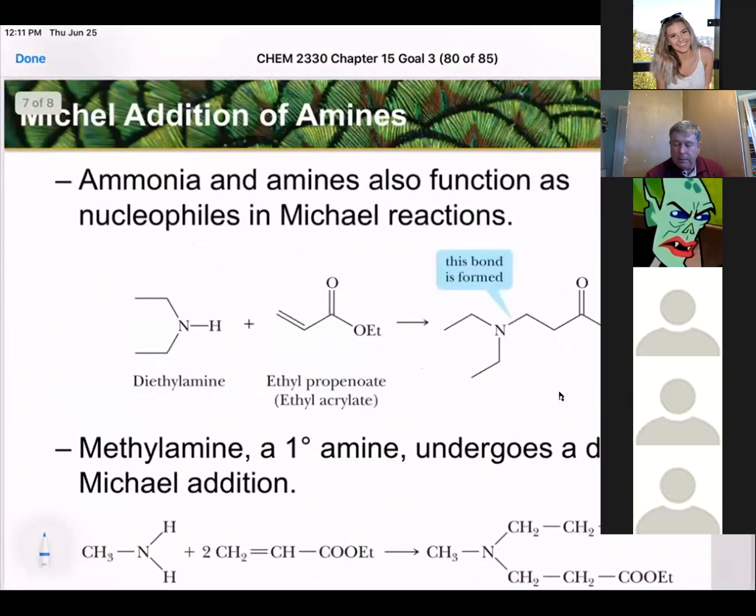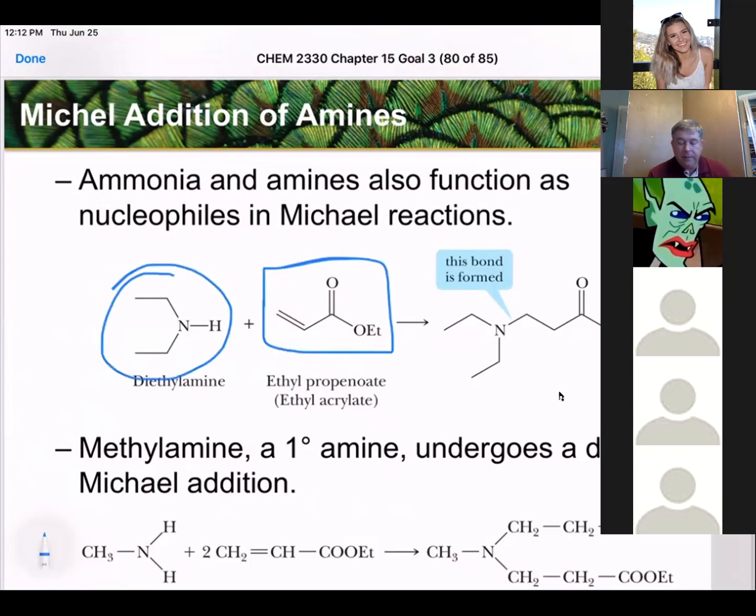So let's actually look at the Michael addition. In the case of the Michael addition, we can also have an intramolecular Michael addition if we have all three components required for the addition to happen. We have to have some kind of base, and we have to have our alkene in conjugation with our carbonyl here.